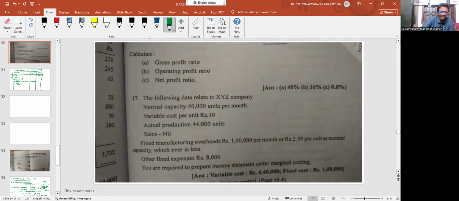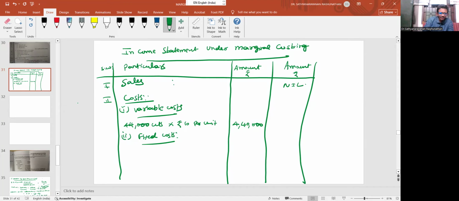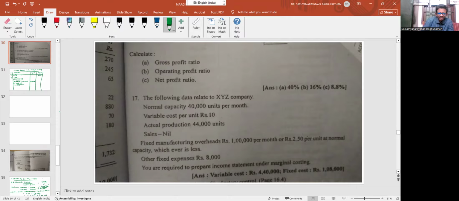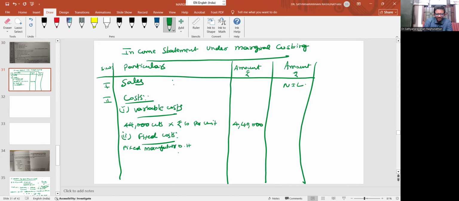When you take fixed manufacturing overhead, that is 1 lakh per month. 1 lakh per month means 1 lakh into 12, 12 lakhs.